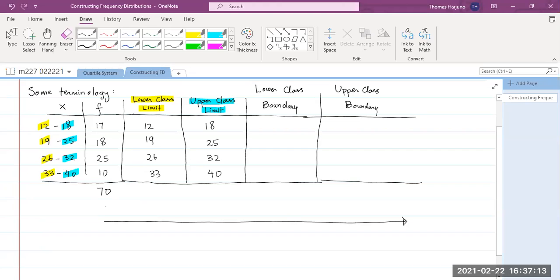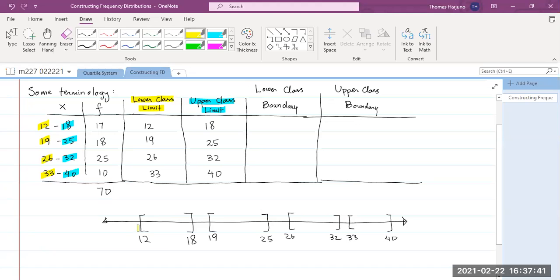Let's take a look at the number line and imagine if I put these intervals accordingly. So 12 to 18 is the first class, 19 to 25 the second class, 26 to 32 the third class, 33 to 40 the last class.